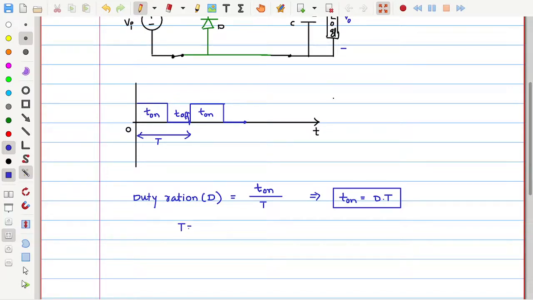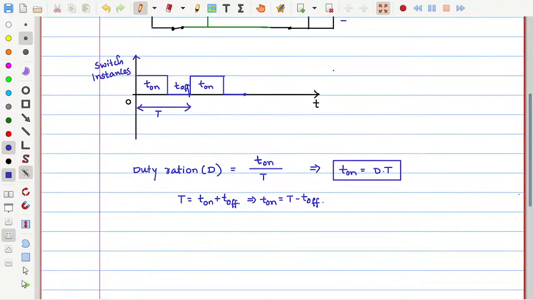Can we write capital T as T on plus T off? The total time period is equal to the on time duration plus the off time duration. So let me write here, these are the switching instances, when the switch will be on and when the switch will be off. Okay. So now can I write this T on as capital T, the total time period, minus T off.